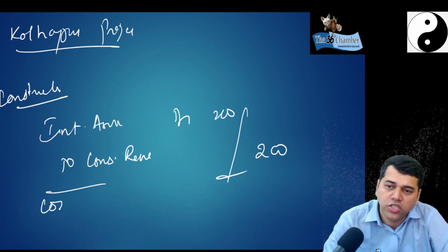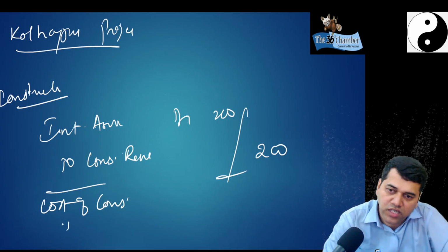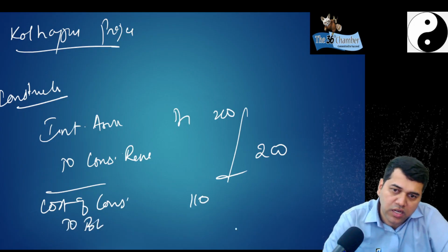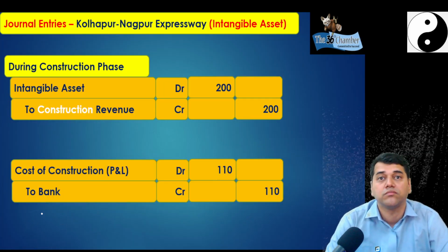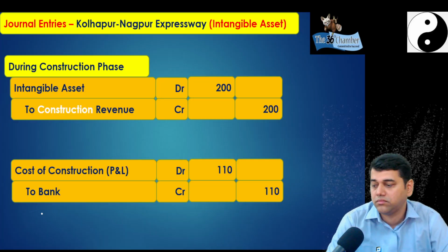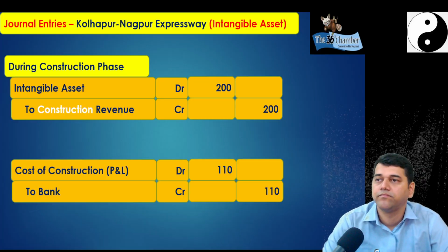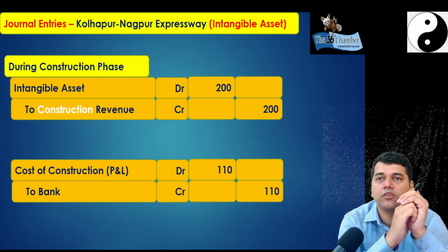Then cost of construction debit to bank. How much? 110. So with this, I can draft the construction P&L account. Are you clear?